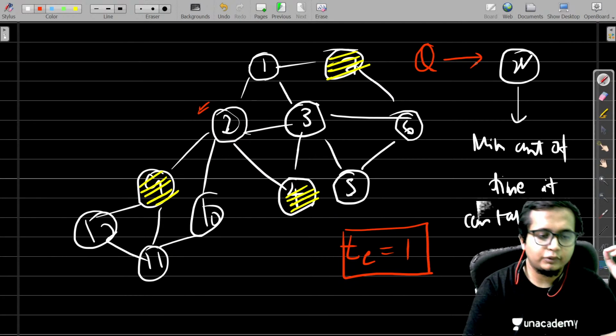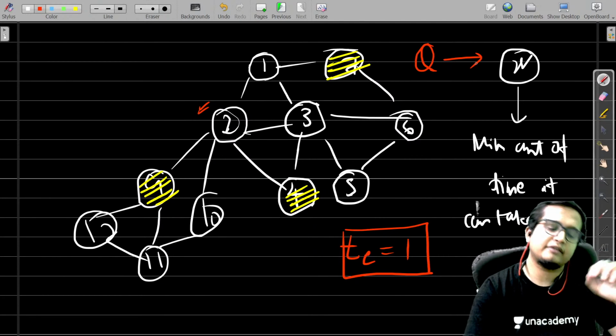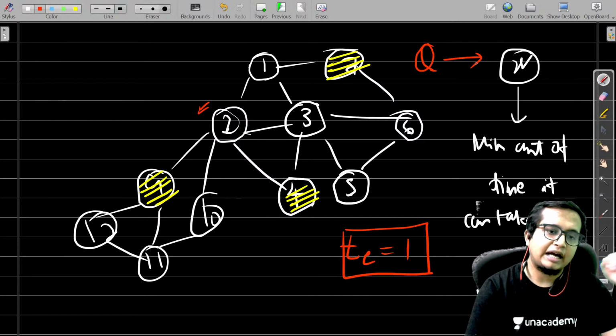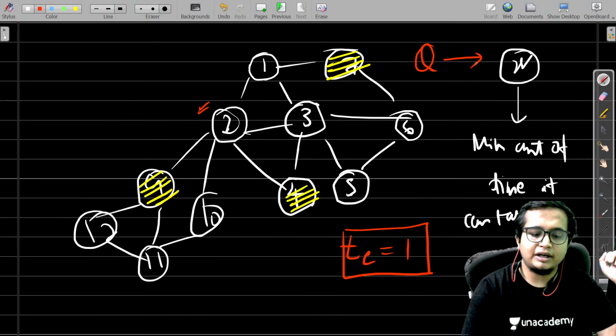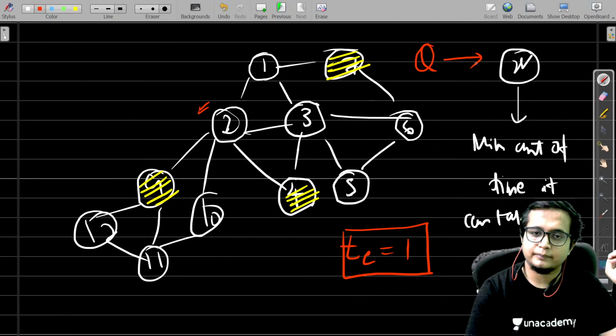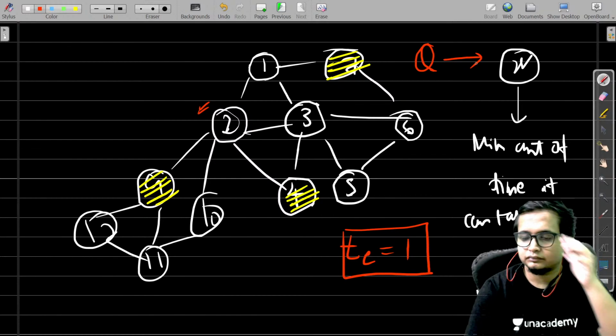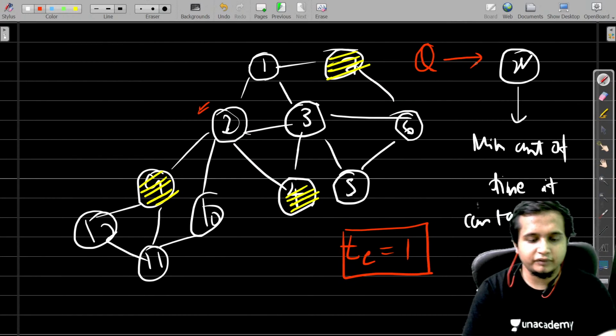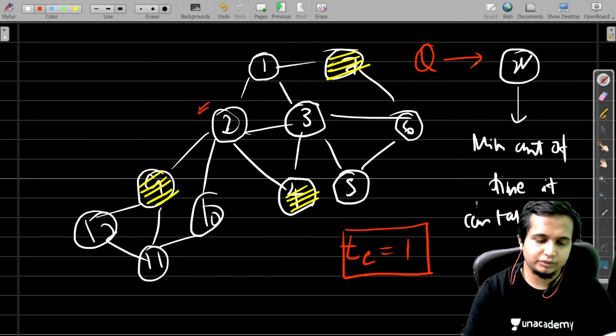Just see how the concept of BFS started. We had some sort of source node, then how we implemented the source node. And here the only difference is that you have multiple source nodes. Try to think of it using just the very basic approach.